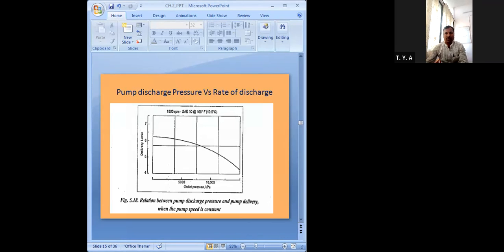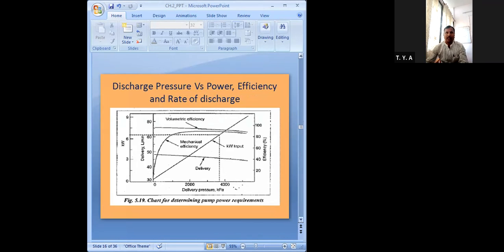Now let us go for another one. Here, pump discharge pressure versus power efficiency and rate of discharge. This chart is used for determining the pump power requirement.